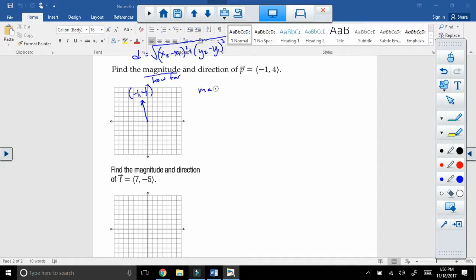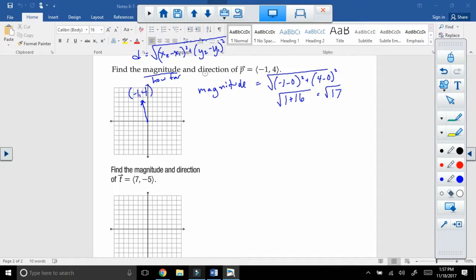So for the magnitude, I would do -1 minus 0 squared plus 4 minus 0 squared. This is going to be 1 plus 16, or the square root of 17. And you could honestly just leave it like that. That would be okay.